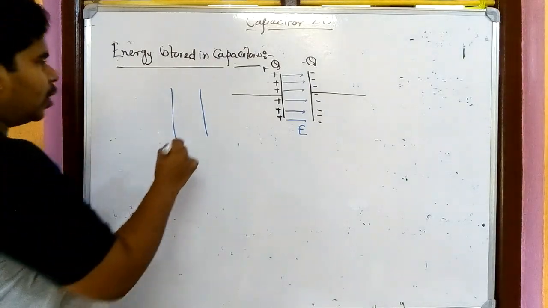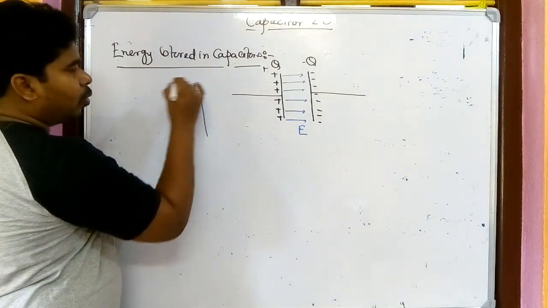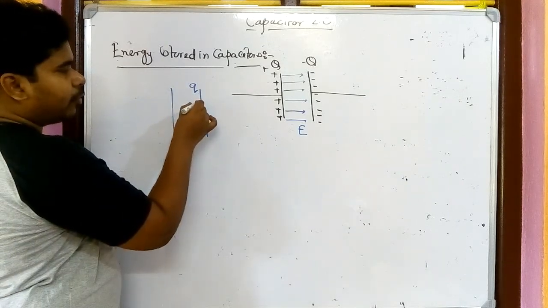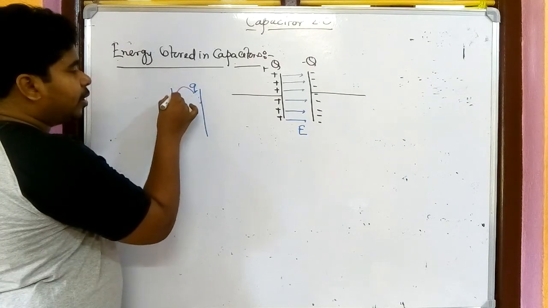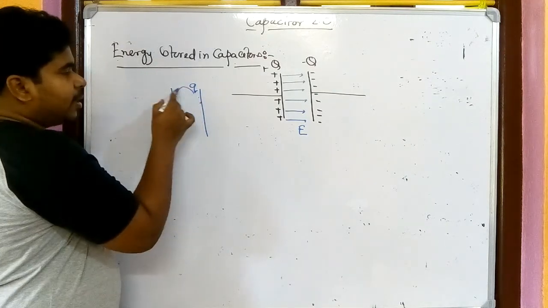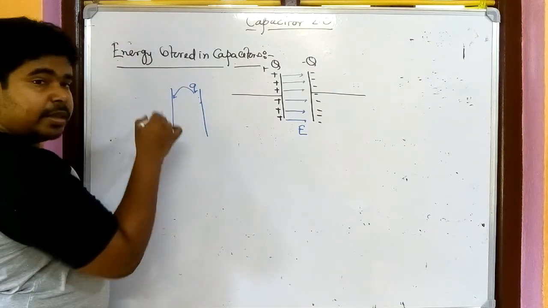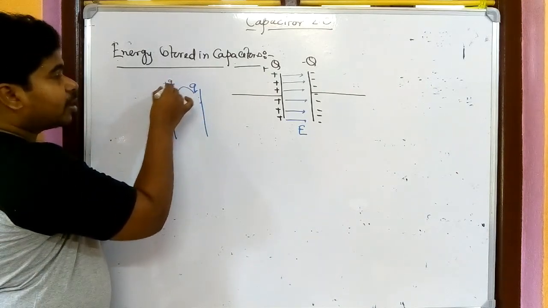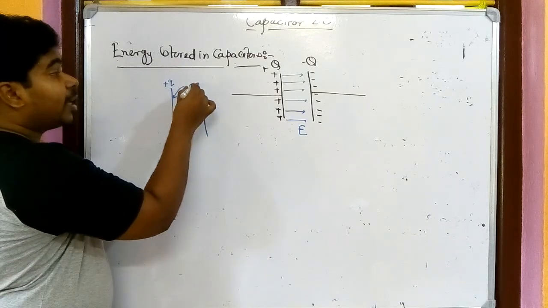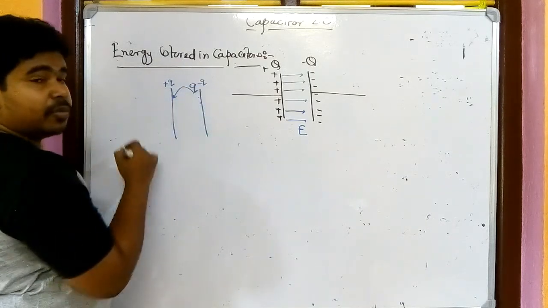Now I have taken one charge small q from this plate and put it here. As initially it is neutral, one small q is added, so it is plus q, and one small q is taken from here, so it is minus q.